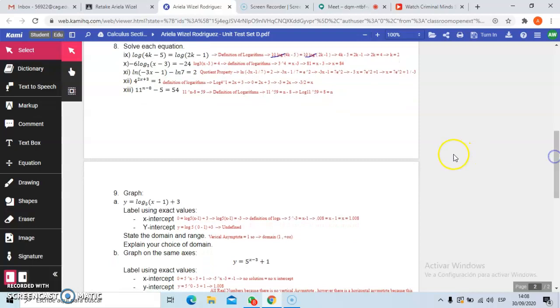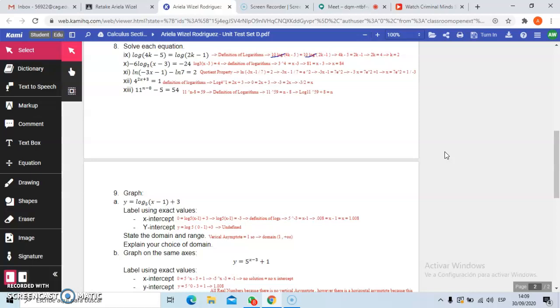For 8c, I use the quotient property because we have subtraction. So I condensed the left side of the equation and I am left with natural logarithm of negative 3x minus 1 divided by 7, because I used the quotient property, is equal to 2.